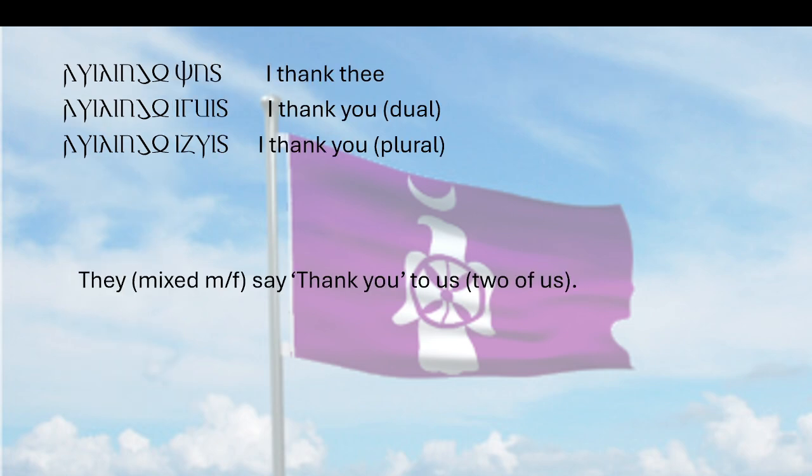So for example, to say thank you to someone, if we're saying it to one person, we'd say 𝑎𝑤𝑖𝑙𝑖𝑢𝑑o. To two people, we'd say 𝑎𝑤𝑖𝑙𝑖𝑢𝑑o increase. To three or more people, 𝑎𝑤𝑖𝑙𝑖𝑢𝑑o 𝑖𝑧𝑢𝑖s. Literally translating to I thank thee, I thank you two, and I thank you all.